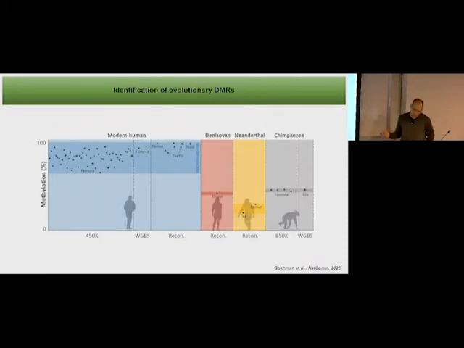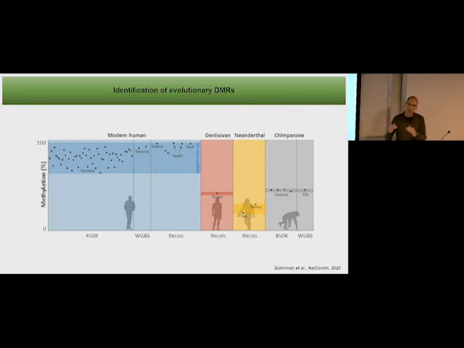So what we were looking for was to identify what we call evolutionary differentially methylated regions, where in modern humans, whether reconstructed or measured, it will be either high or low, and the opposite in the archaic ones. And of course, the same with the chimpanzee that will provide us as the outgroup.